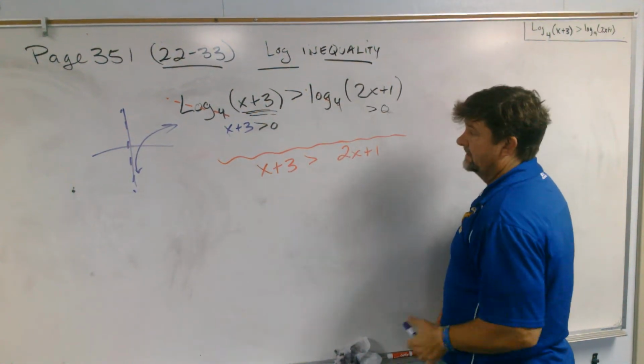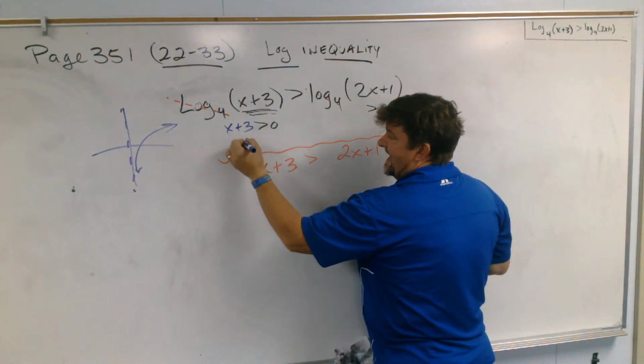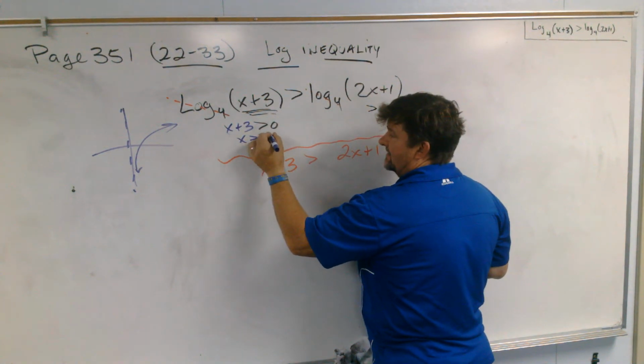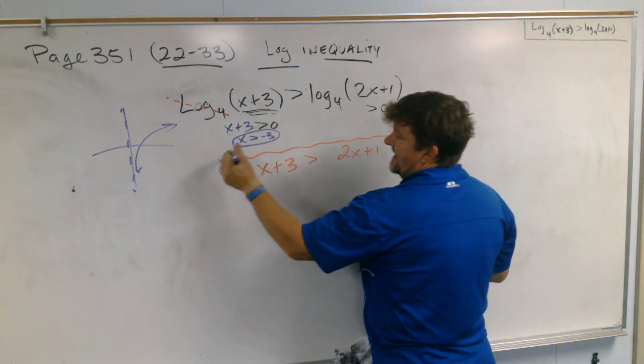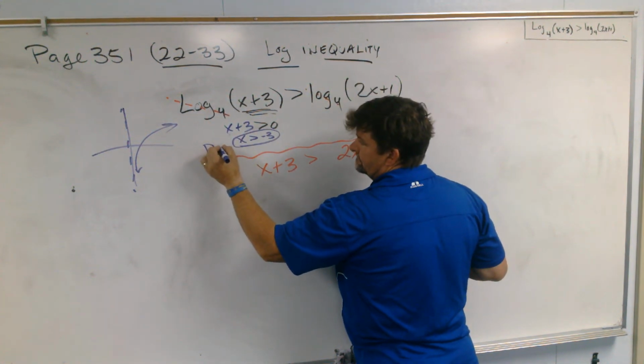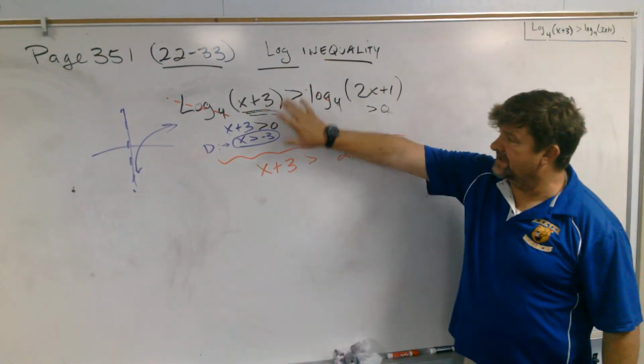It's got to be greater than 0. That means that x greater than -3 will be good. So that's my domain for that one. Okay? That's my domain for this one.